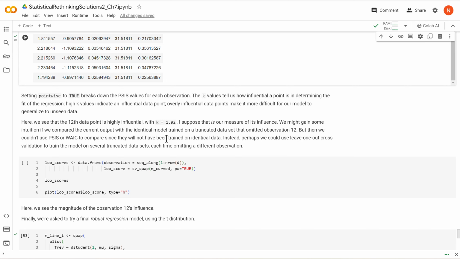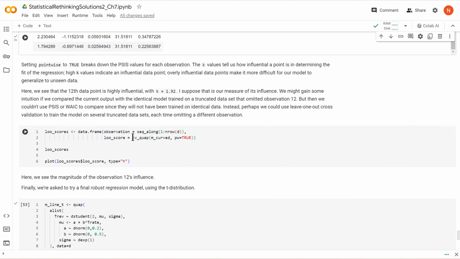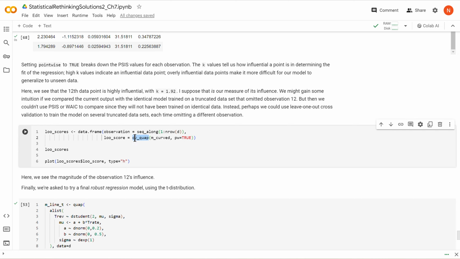With QAP models, we can actually do that with the CV QAP function, which stands for cross-validation QAP. So that's what I'm going to do. I'll have all of the observations, the observation that is dropped, and its cross-validation score, which again is not PSIS or WAIC, but is just another metric to find influential data points.